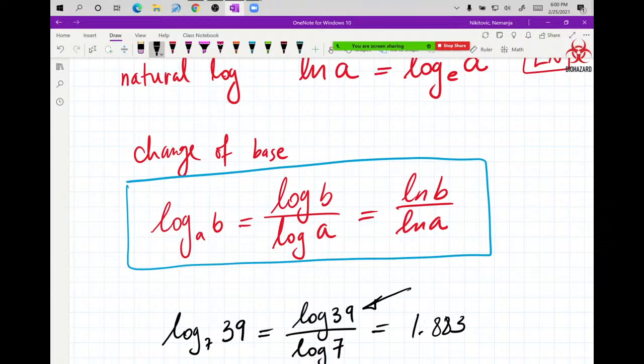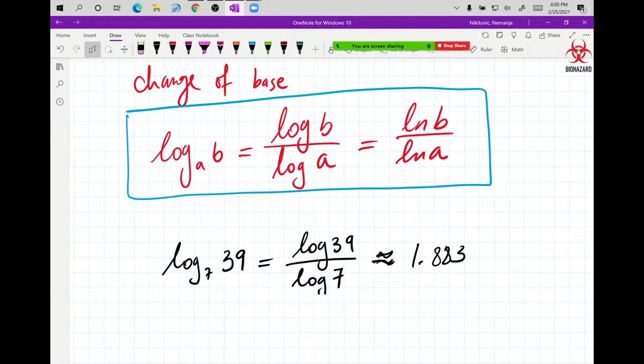1.883. And this is an approximation, obviously, because these decimals will go on forever. So you can put squiggly equal signs if it makes you happy. If you go in your calculator and try ln of 39 over ln 7, you will get the same number. There's no difference.